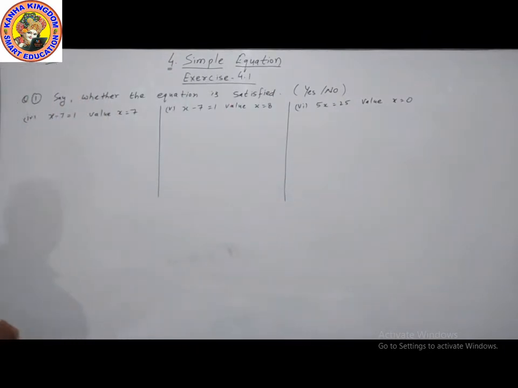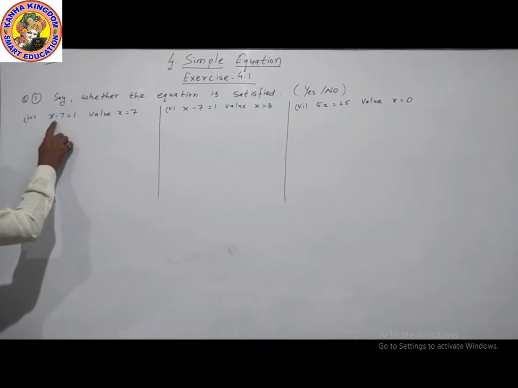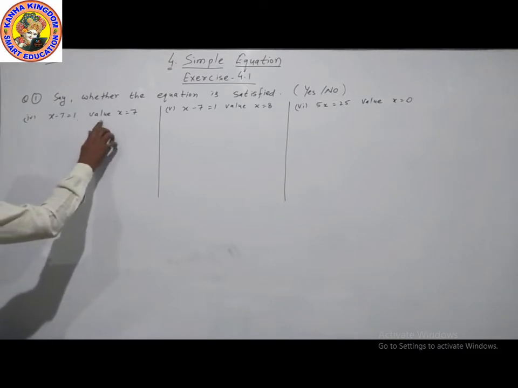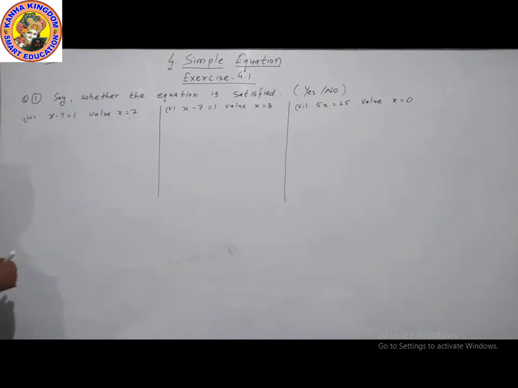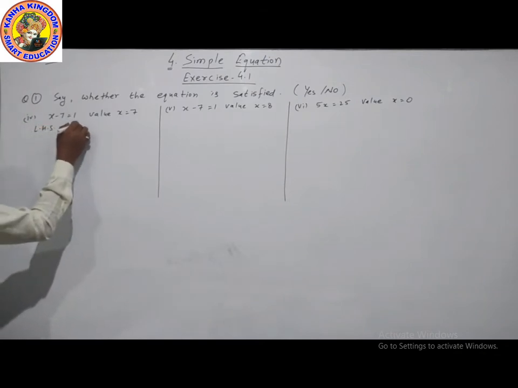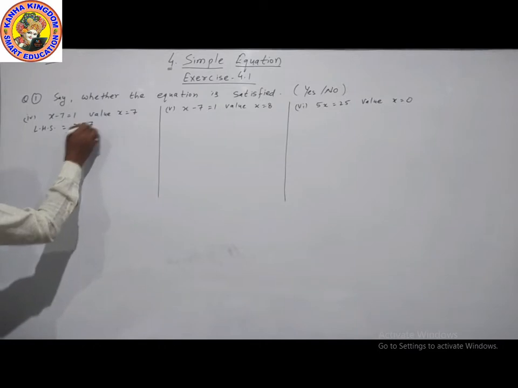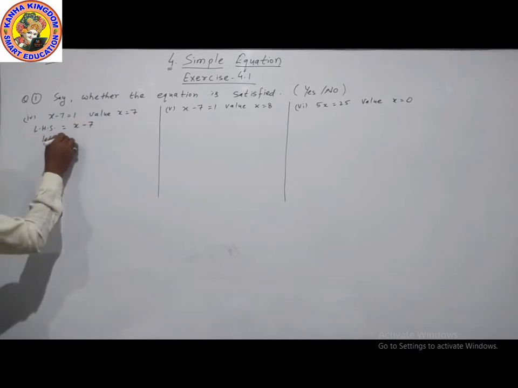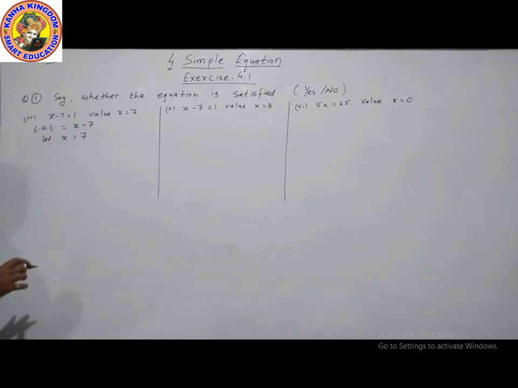Now the next part of this question is part 4. The equation is x minus 7 is equal to 1 and value is x is equal to 7. First of all, let left hand side is x minus 7, putting the value given in question, x is equal to 7.